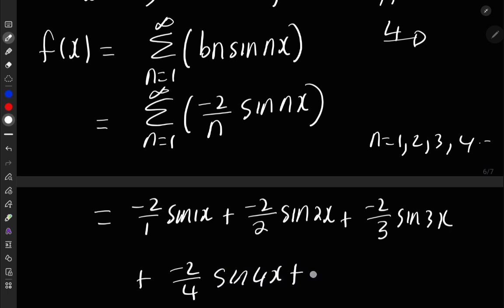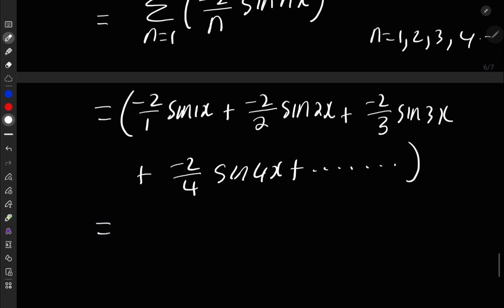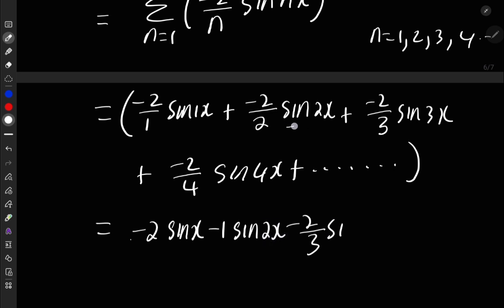Then plus going forward. So this is going to be minus 2 sine x minus 1 sine 2x minus 2 over 3 sine 3x and minus a half sine 4x plus going forward.